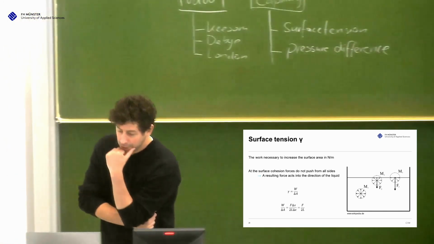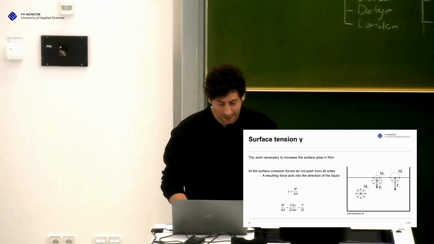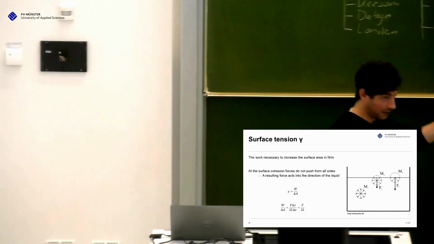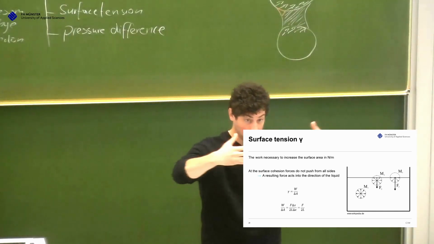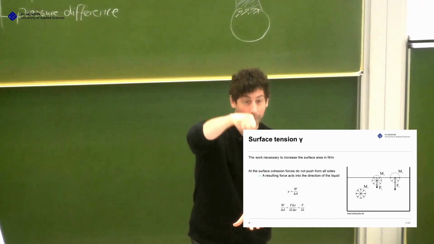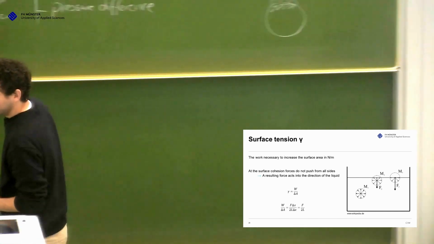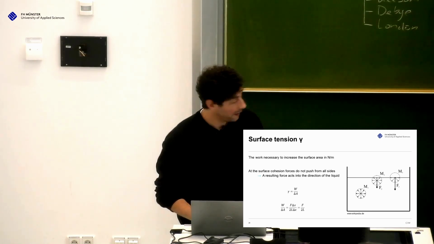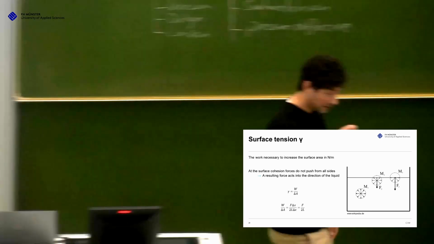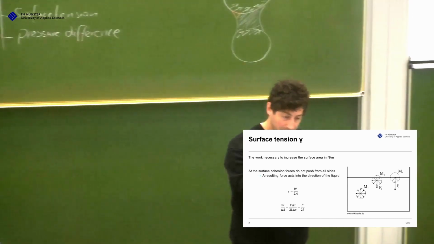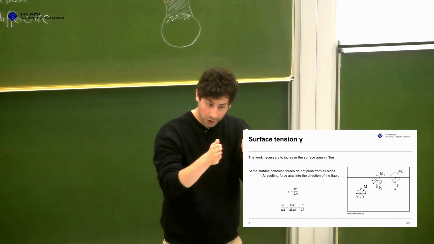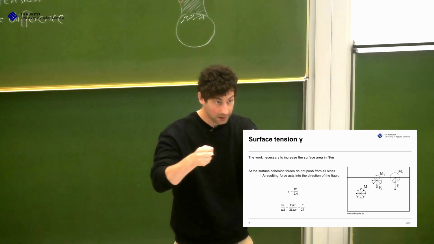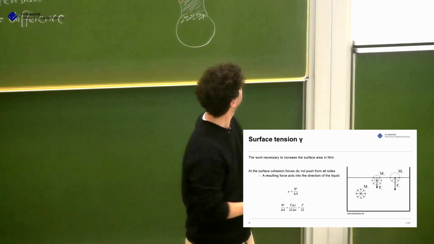In the definition, you see that the surface tension is the work you need to increase an area, right? So the work I have to put in to increase the area. And if you put in the numbers, so work is force times distance, right? So if I have my liquid and I would like to stretch it over a certain distance, this is the x, right? I need a force to stretch it over a distance.